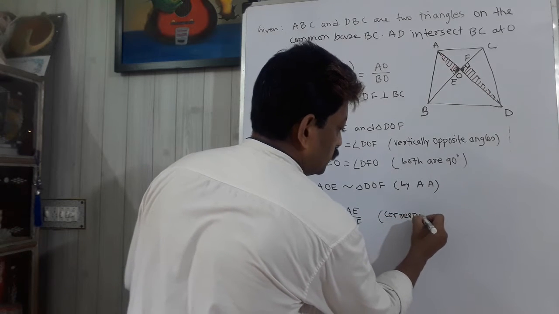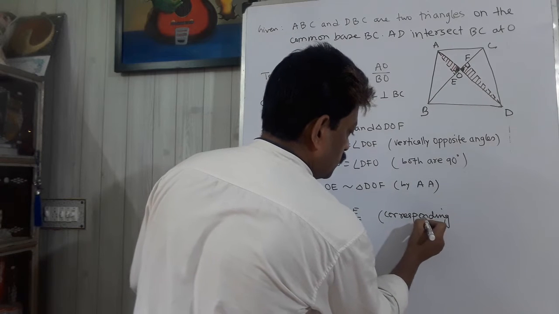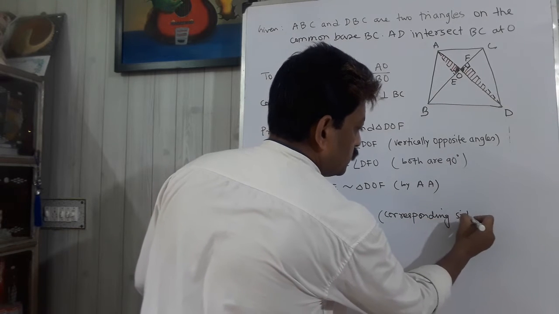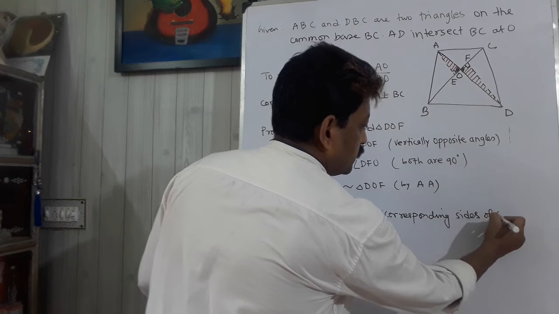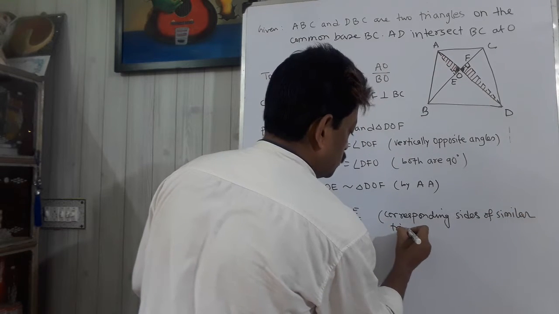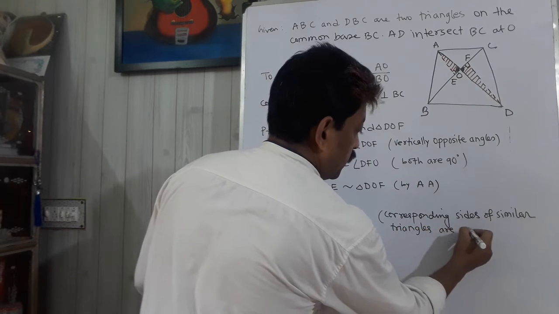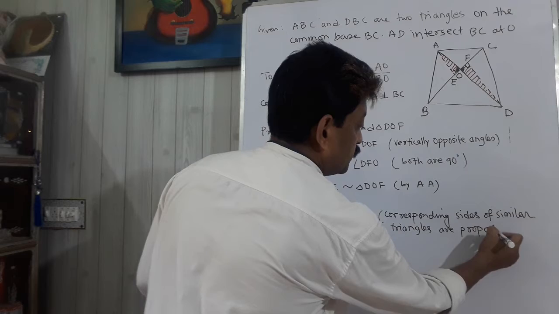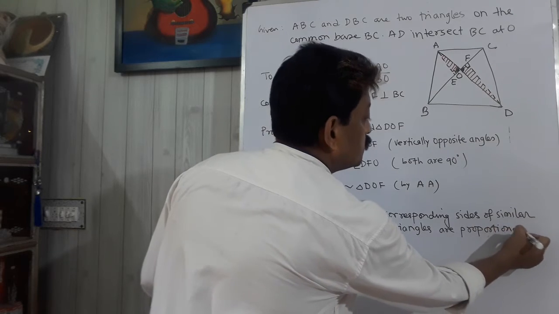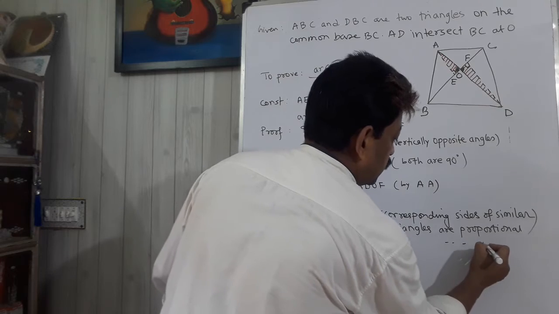Corresponding sides of similar triangles are proportional. So let this be equation number 1.